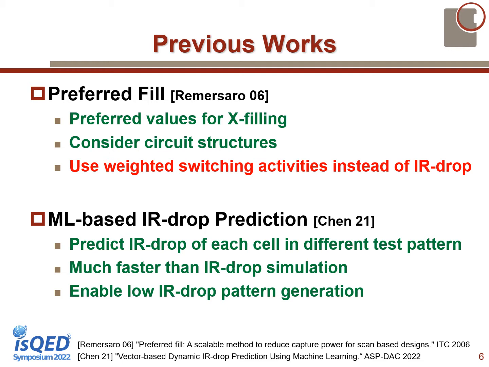The prediction time is faster than IR drop simulation by hundreds of times. With this tool, estimating the IR drop distribution of each individual test pattern becomes feasible. As a result, we integrate this predictor into our flow, into our low IR drop test pattern generation algorithm. We will call it IR drop predictor later on in our presentation.